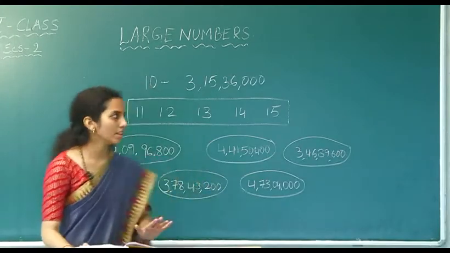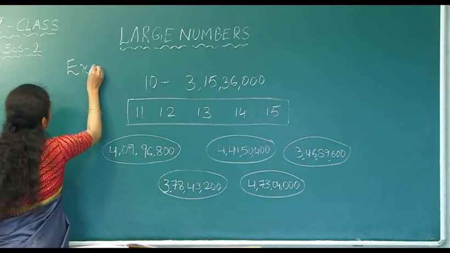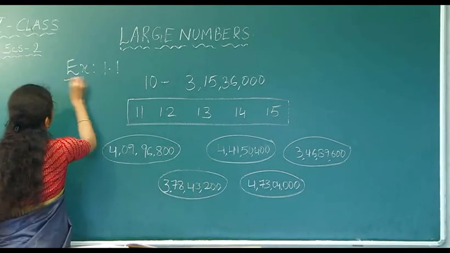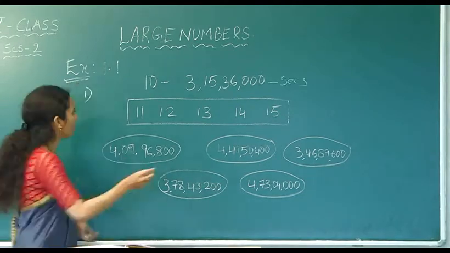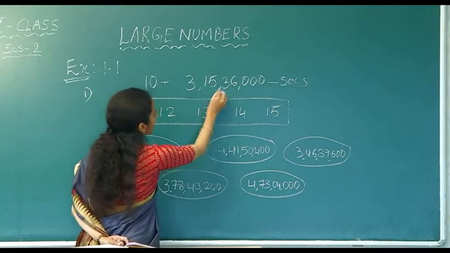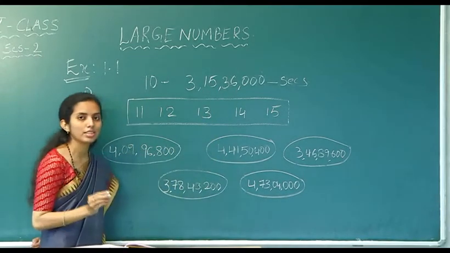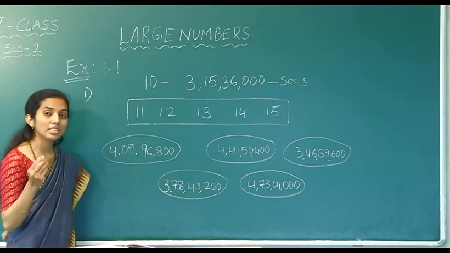In our exercise 1.1, our first question. What is our first question? If a 10-year-old boy lives 3 crores 15 lakhs 36,000 minutes, what could be the 11-year-old boy's living span in seconds?